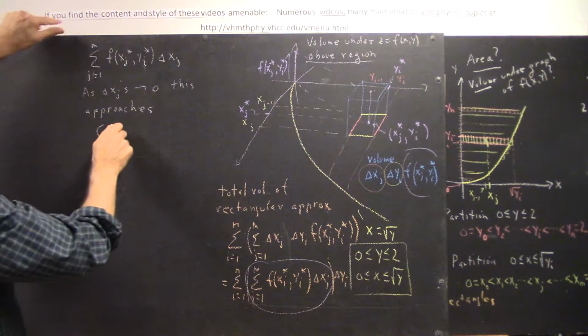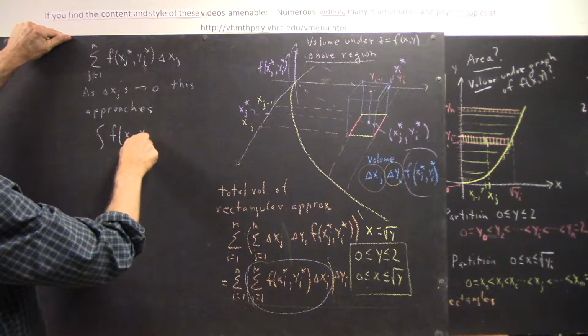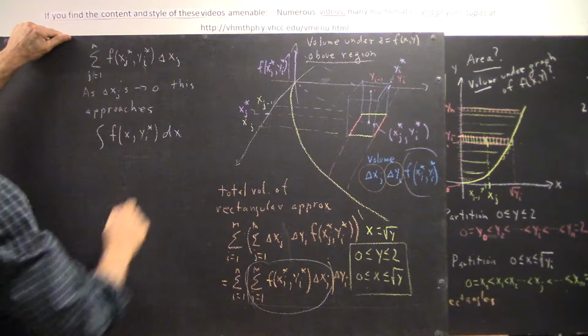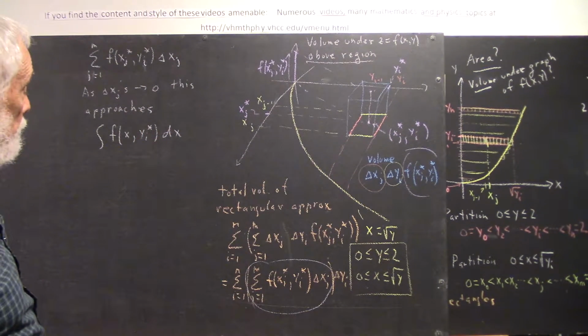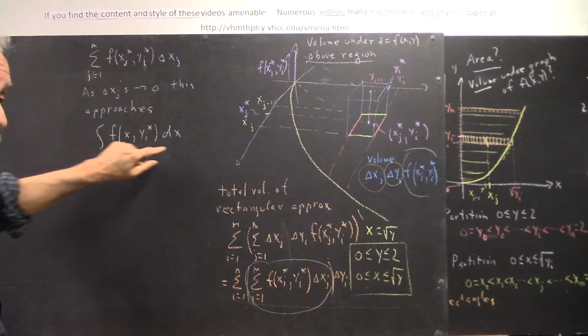And it's the integral of f of x, yi star dx. I haven't yet put the limit on the integral, but this approaches this integral.